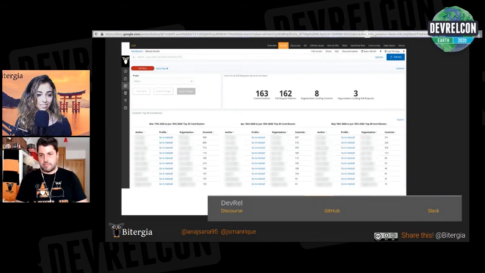So Chef defines, in their case, the user community as the people who source activity mainly on Slack and Discord. And the people can be filtered by active users, inactive users, top contributors, and also organizations involved. And then on the other hand, Chef also defines the contributor community as the people who source activity on GitHub, and it's divided by commits and pull requests mainly. And also the people can be filtered by organizations.